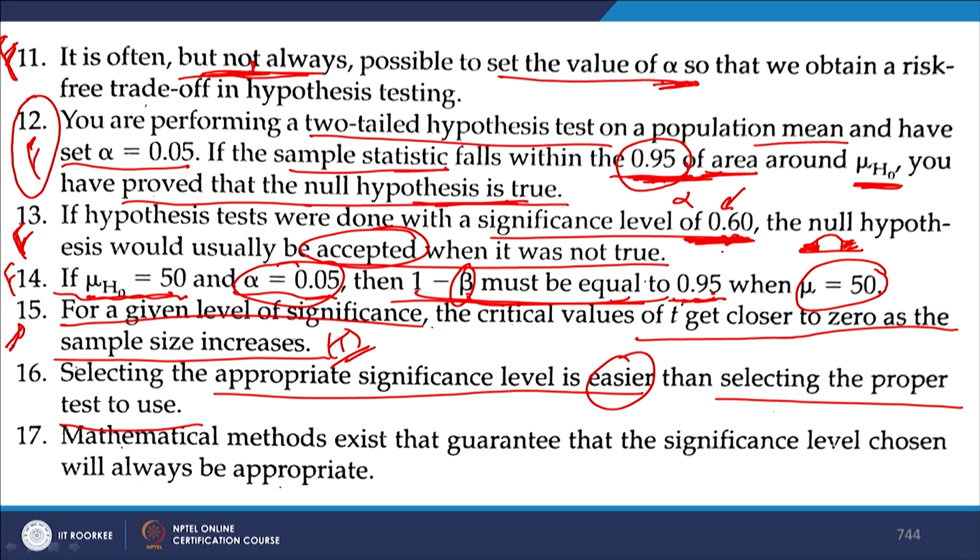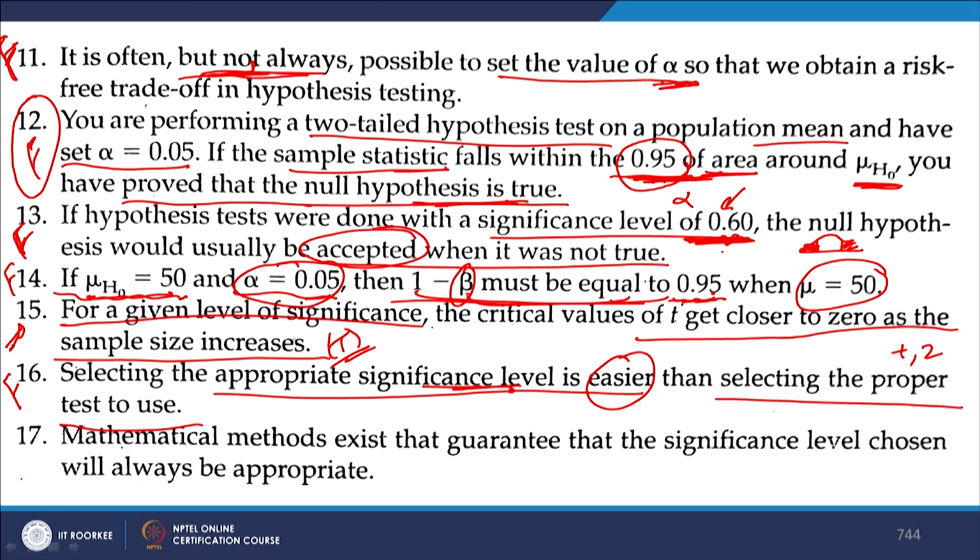In fact, it is very difficult to decide the significance level, but it is easy to decide whether you want to use a t test or a z test. So, this statement is not correct. This statement is false.